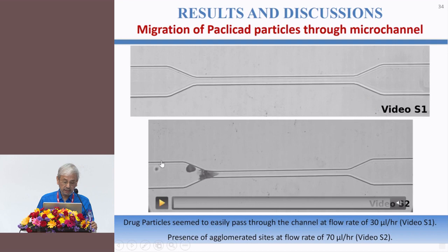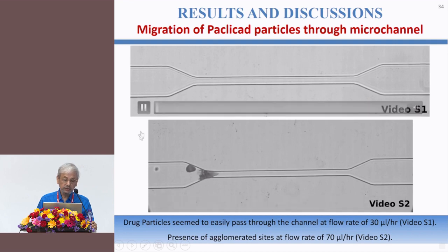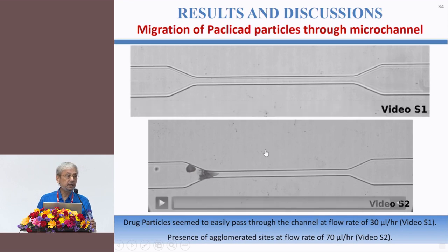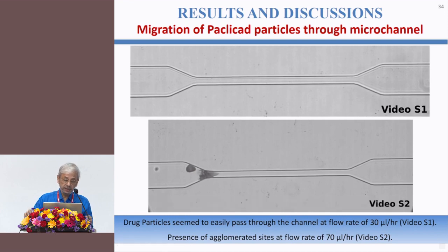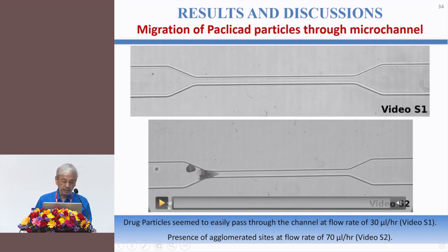And the only drawback I can show you, this is basically the protein bound Paclicad passing through. You can see it passes through more smoothly, but at times these proteins get agglomerated and choke the passage. So here you can see the passage is choked. Fortunately, you will also see that one Paclicad particle will dissolve and the entire drug passes through.